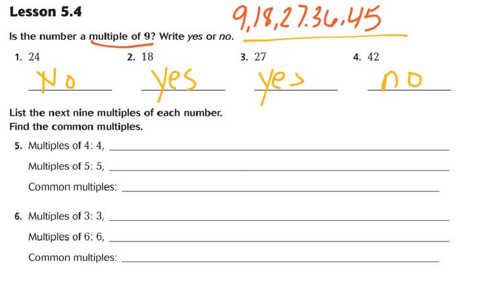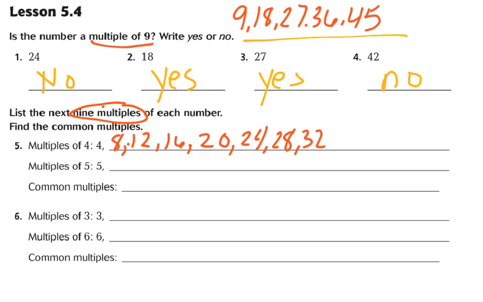Next one, I'm listing the next 9 multiples. So I got to skip count 9 times. 4, 8, 12, 16, 20, 24, 28, 32, 36, and 40.